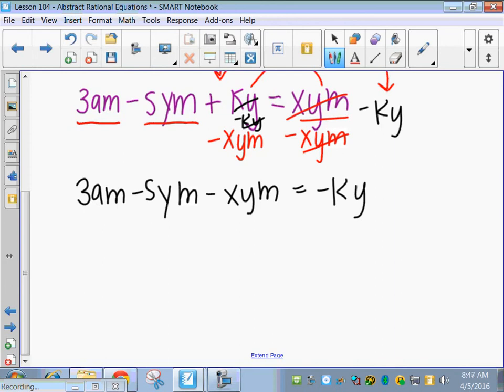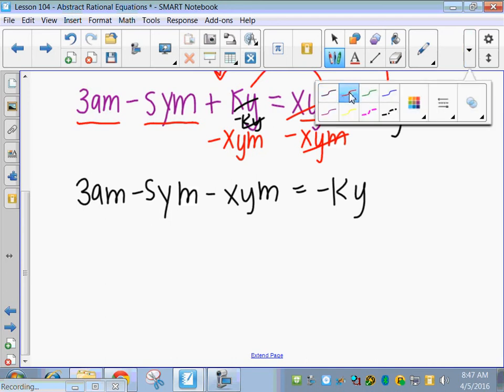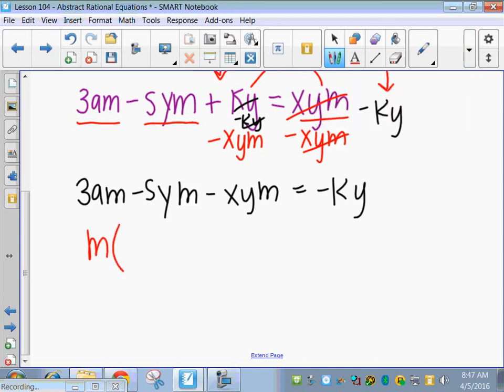All right, we're solving for m. So the next step is to factor out that variable that you're solving for. So I'm going to pull out an m from all three of these terms now. So if I take out an m, what's left here? 3a. If I take out an m, what's left here? Minus sy. If I take out an m, what's left here?